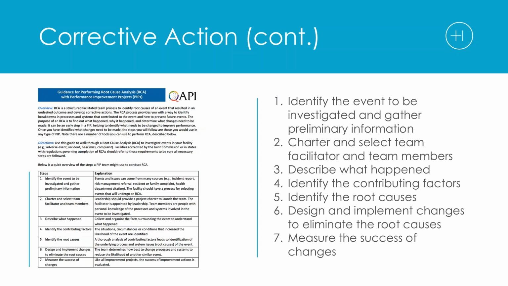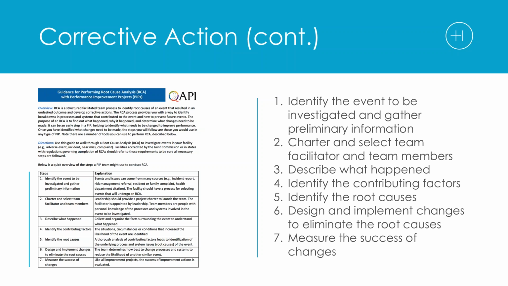It's a quality improvement program in clinical care that many of us know about. But the QAPI has, and I've provided at the very end of the presentation, a link to this resource. I just wanted to bring up their paradigm or framework when it comes to root cause analysis.